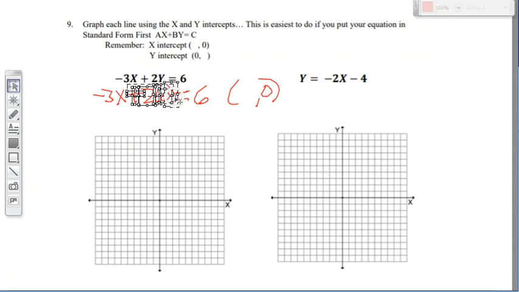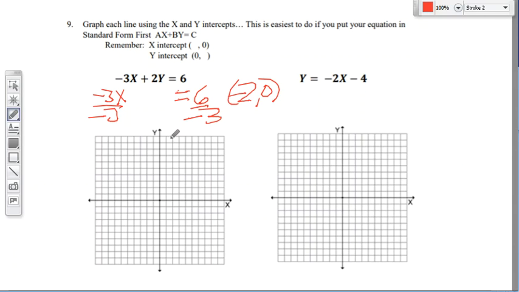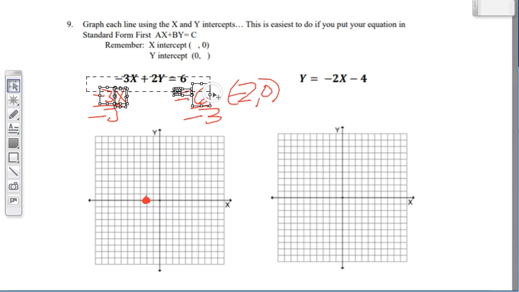So that wipes that out, which leaves us with -3 times x equals 6. We divide by -3 on both sides. 6 divided by -3 is -2. So our x-intercept is -2, 0. So if we go to the left 2 and up or down 0, -2, 0, that's where the line crosses the x-axis.